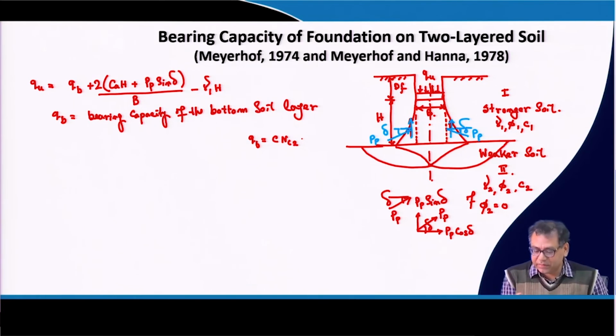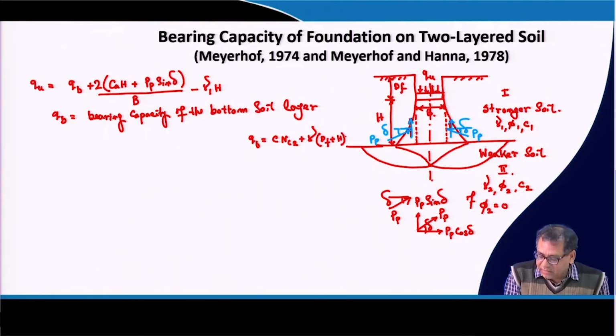And because the resistance along this depth is already considered, that depth factor you also need to apply. So, it will be C N_C2 plus gamma (D_f plus H), and for phi equal to 0, N_gamma is equal to 0, N_q equal to 1.